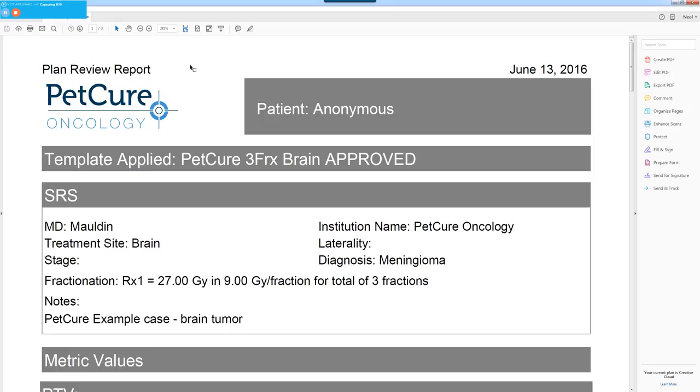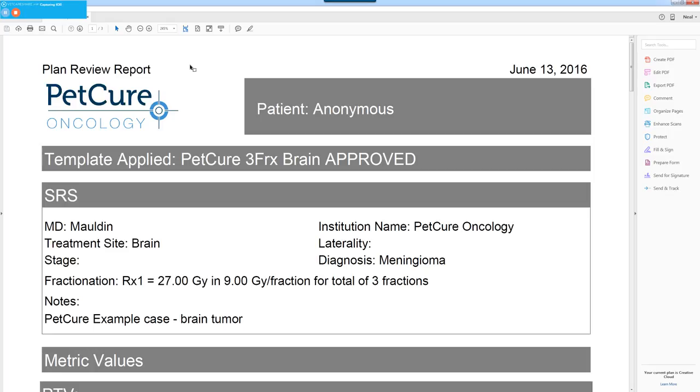PetCure is the only veterinary radiation oncology program that uses Radiologica to apply these metrics, and more importantly, every single PetCure plan has to be approved by a second radiation oncologist.